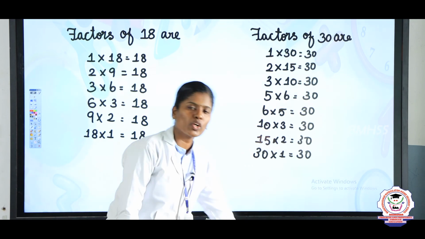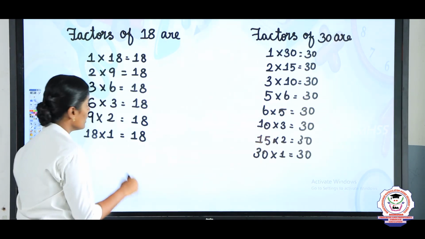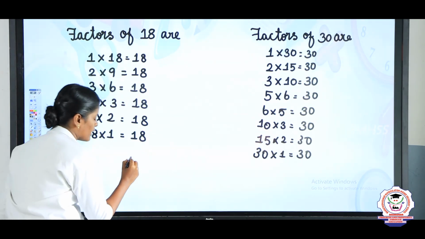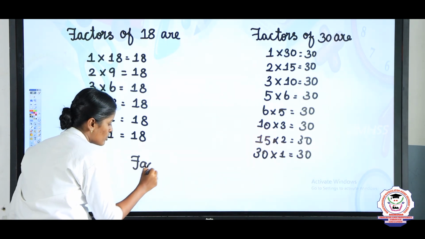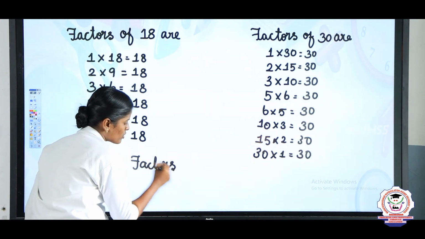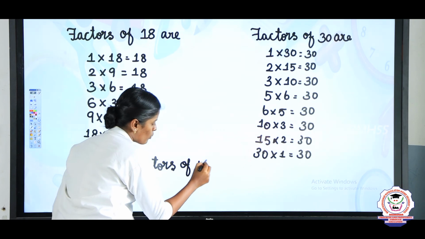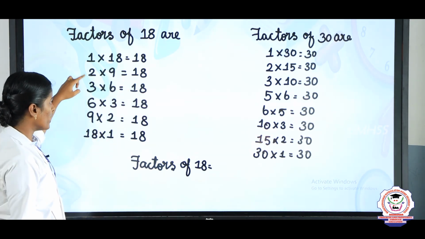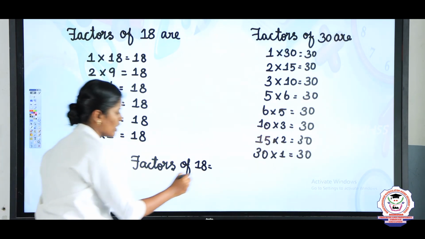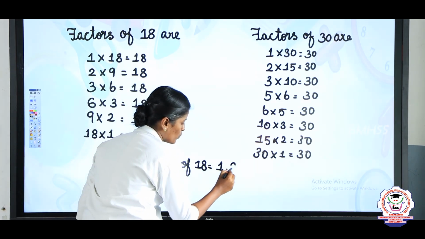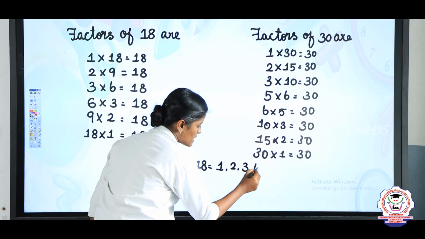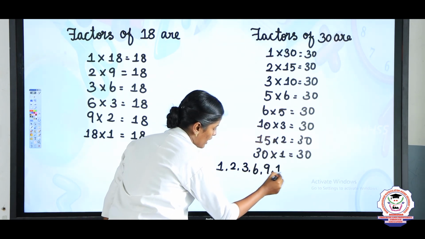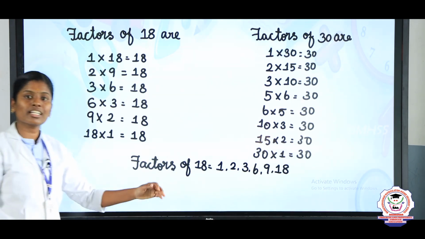Now we are going to write all the factors of 18 and 30. Listen here. Write factors of 18. The factors of 18 are 1, 2, 3, 6, 9, 18. Next we will take the factors of 30.